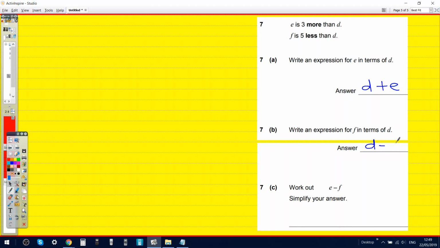F is 5 less than D. Minus 5. Yeah. D minus 5. So work out E minus F. So we know that E is 3 more than D.